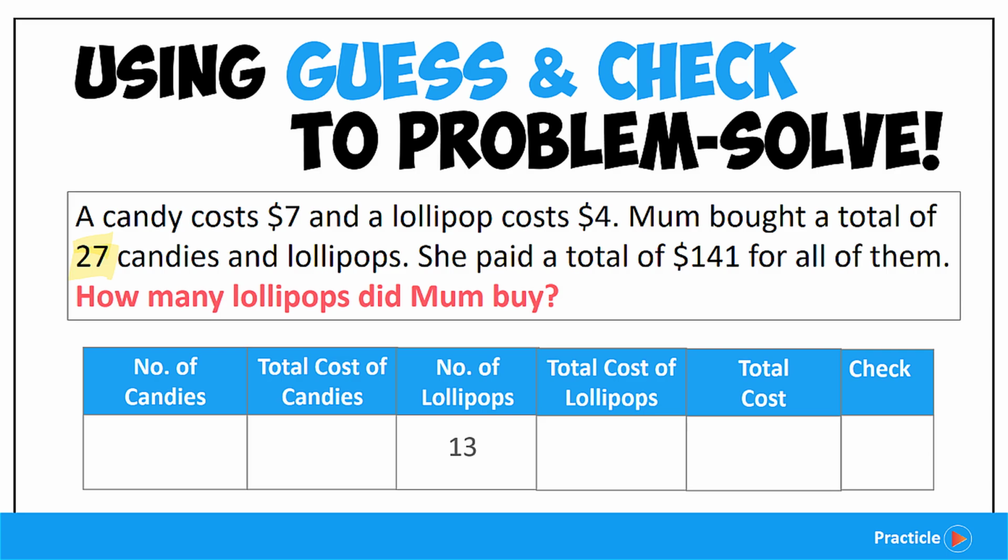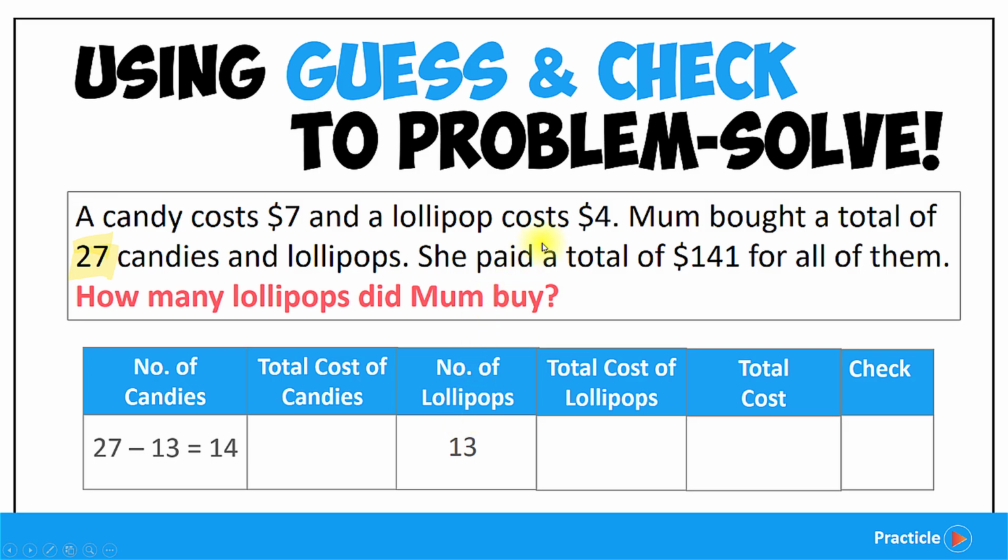Now watch what happens. If we had 13 lollipops, how many candies will we have? To find the number of candies, remember that we will subtract 13 from the total number of objects, which is 27. So 27 minus 13 gives us 14. Following so far? Now let's check if our guess is correct. If we had 13 lollipops, how much will your mum pay for all the lollipops?